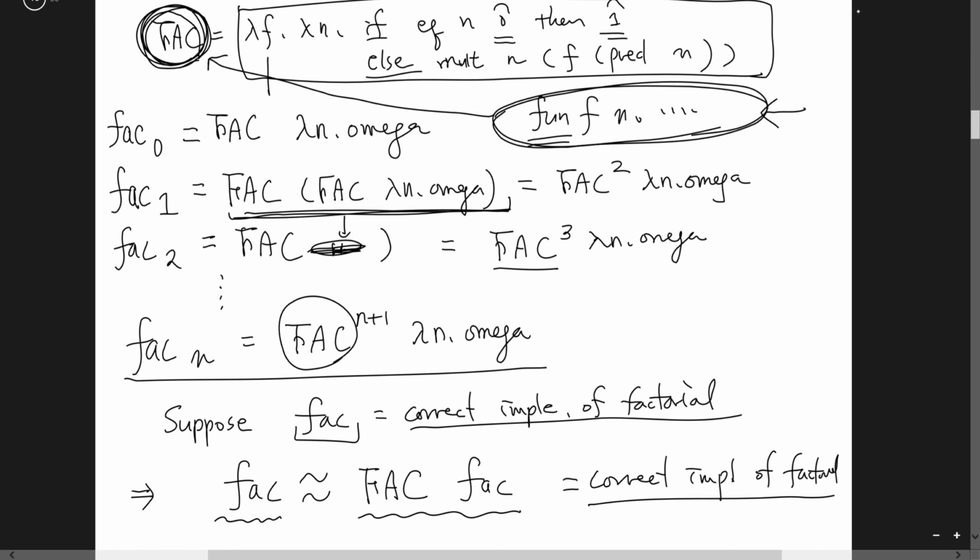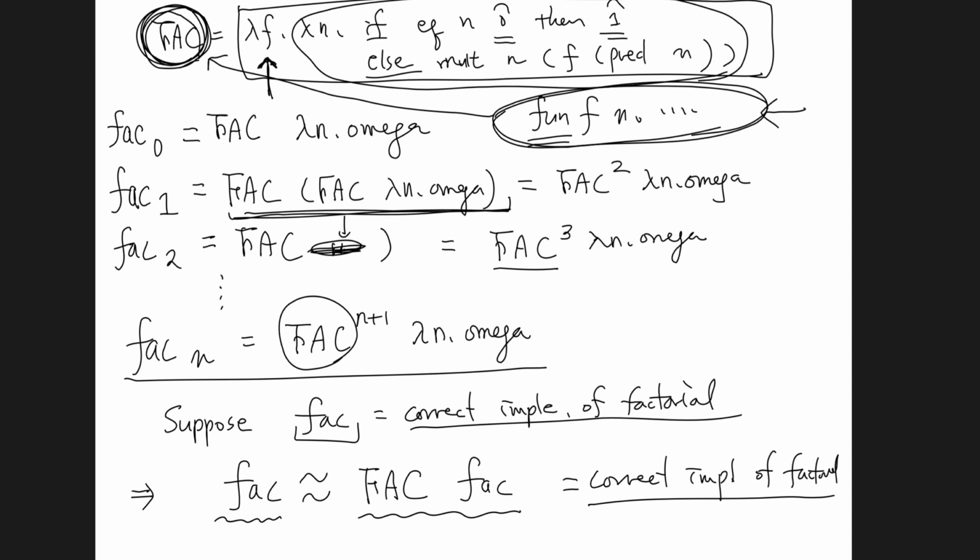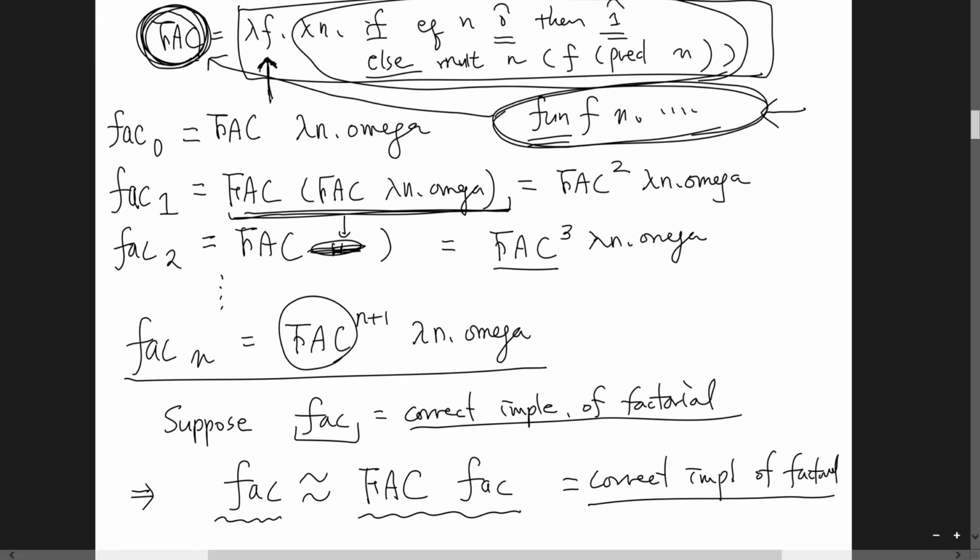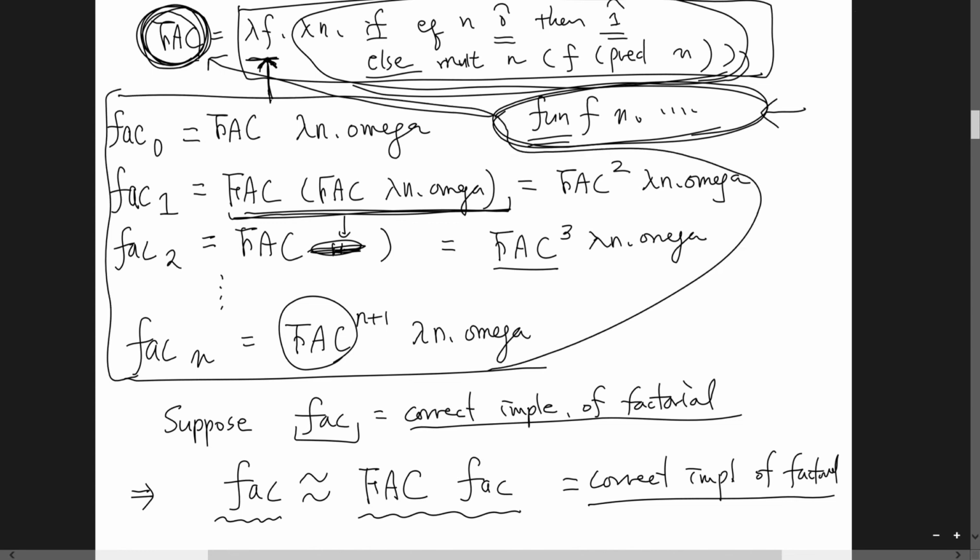So if f is an approximate implementation of factorial, then this result is always a better improvement. For instance, if the argument calculates factorials correctly for up to n, then this one calculates correctly for up to n plus 1. So we have these equations.